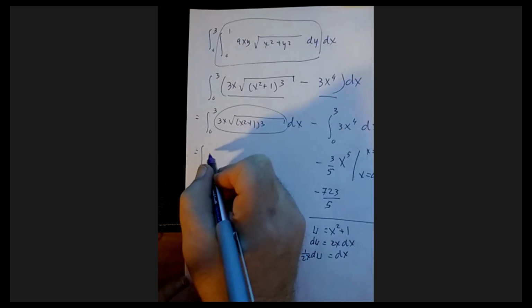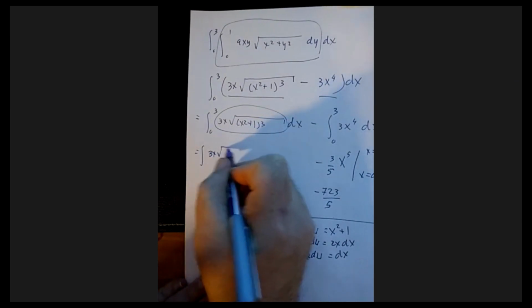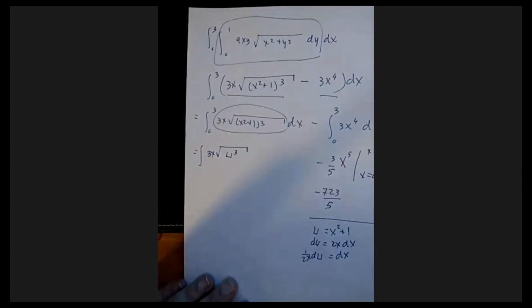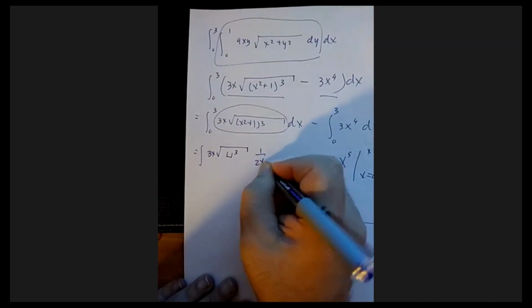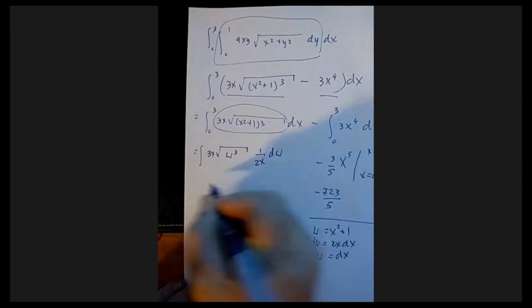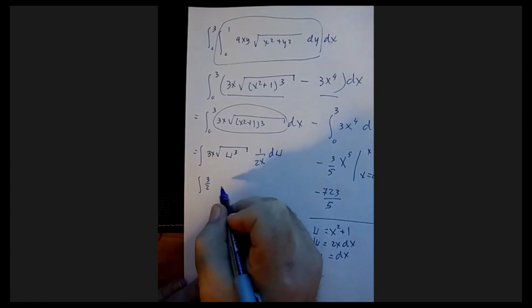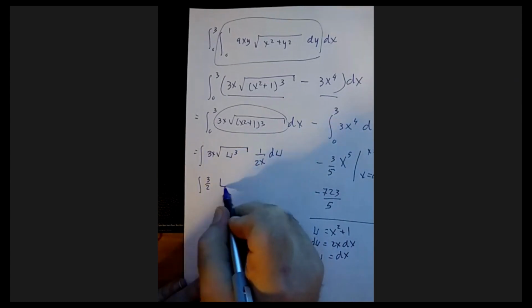You're going to get the integral of 3x, the square root of u cubed, 1 over 2x du. The x's cancel, so you're now going to have 3 over 2. Do you know the square root of u cubed is u to the 3/2?